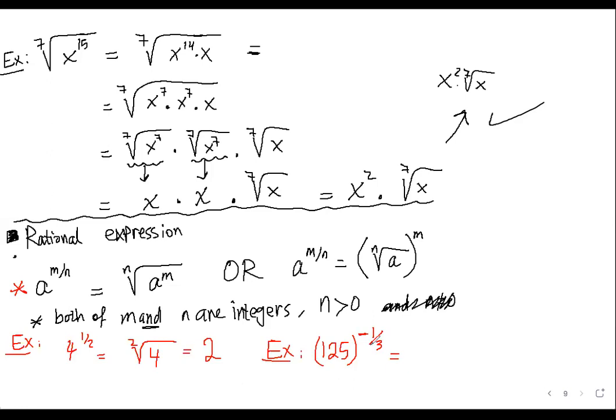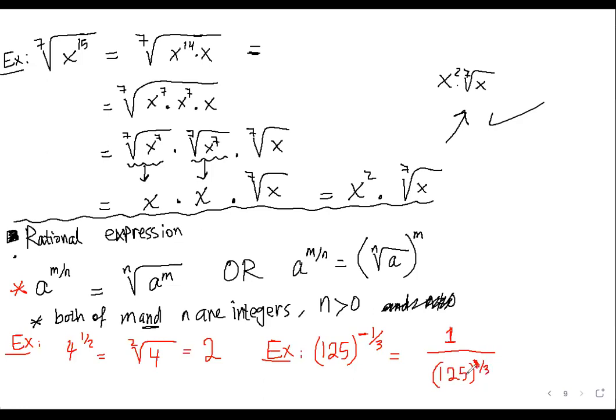Like I said before, negative exponent means, like he said, 1 over 125 to the power 1 over 3.